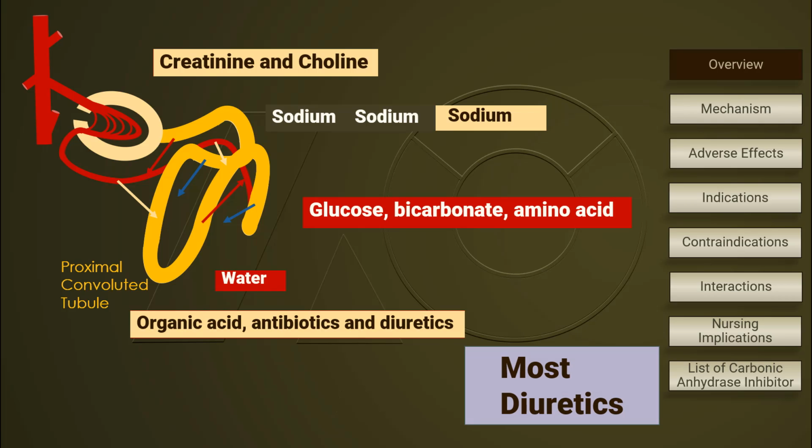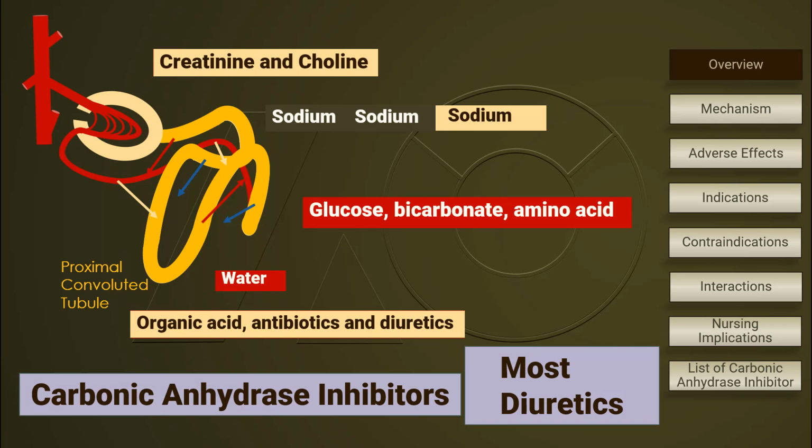Most diuretics work at the proximal convoluted tubule, and our focus today is carbonic anhydrase inhibitors. As its name suggested, carbonic anhydrase inhibitors block the effect of carbonic anhydrase.